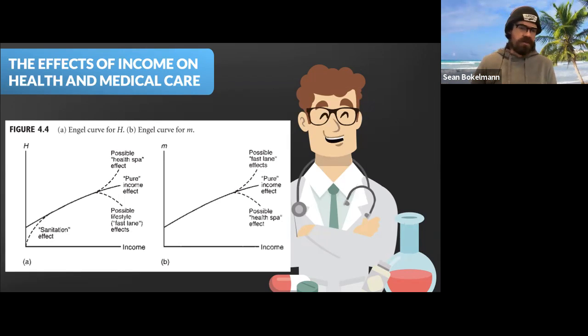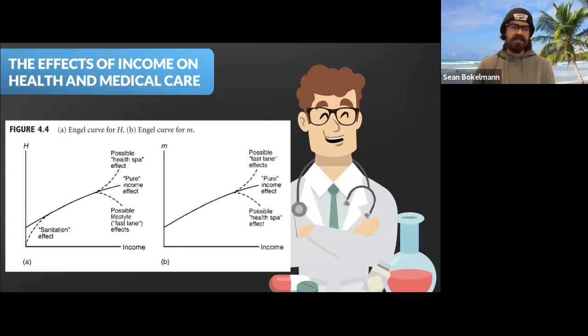So the first one I want you to look at is the one in figure A labeled sanitation effect. It could be that at very low levels of income, basic sanitation needs like toiletries, toothbrushes, vaccines have a very large impact on health.